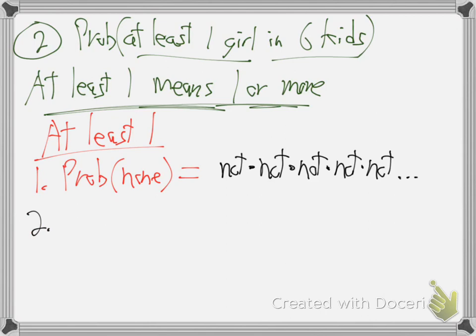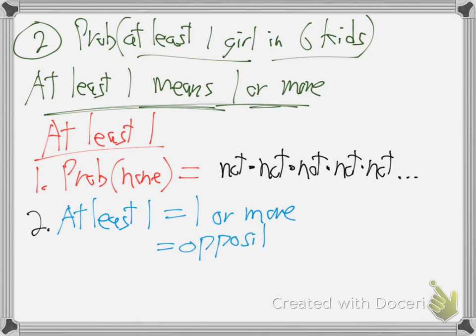Then step 2, you remember that at least one, like at least one girl, equals one or more girls. That's what they're asking when they ask for the probability of getting at least one girl. That means one or more girls, and that equals the opposite of none.